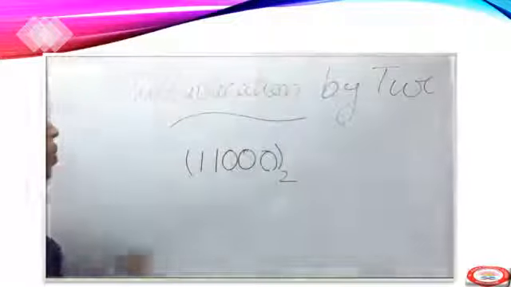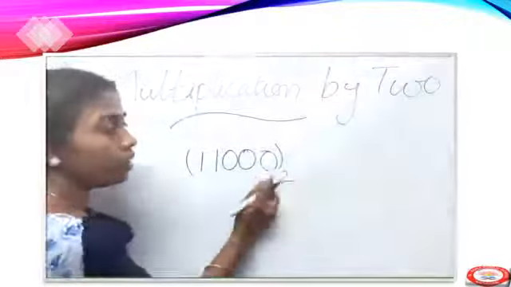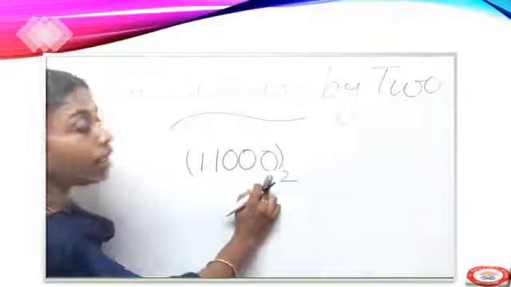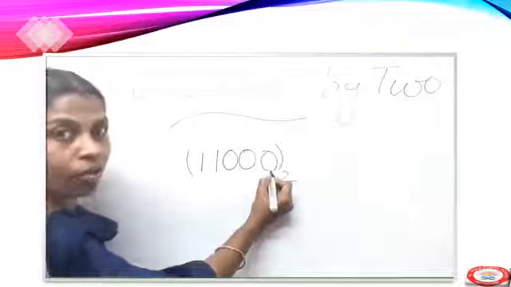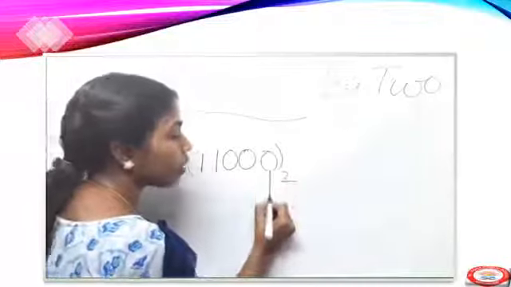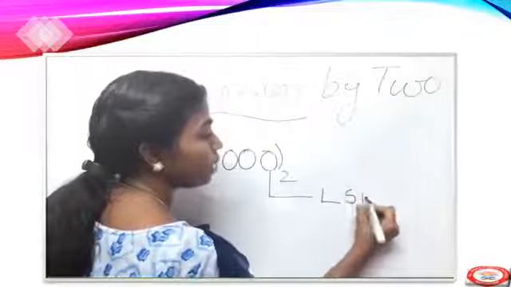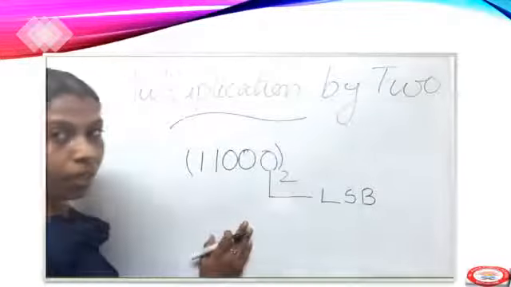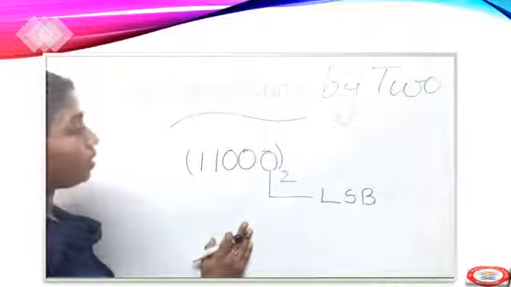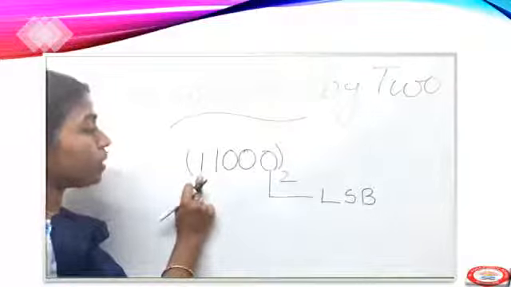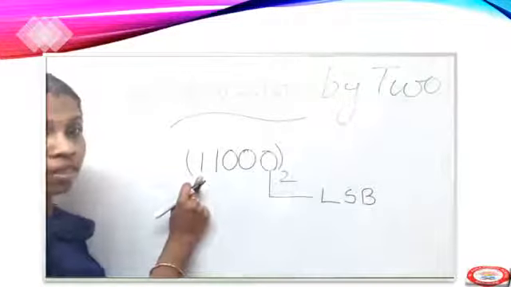First one, look here, the 0 is the rightmost bit. This rightmost bit is known as the least significant bit. And this one is the leftmost bit.